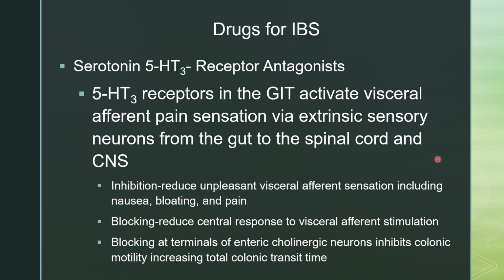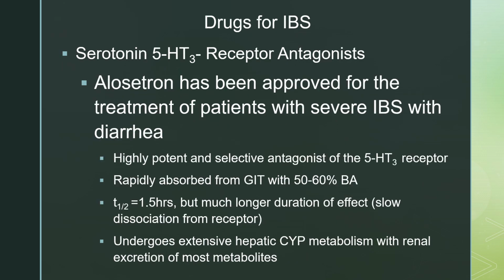So the inhibition will produce reduction in the unpleasant visceral afferent sensation, including nausea, bloating, and pain. Blocking it will reduce central response to visceral afferent stimulation, and blocking it at the terminals of the enteric cholinergic neurons will inhibit colonic motility, thus increasing total colonic transit time.